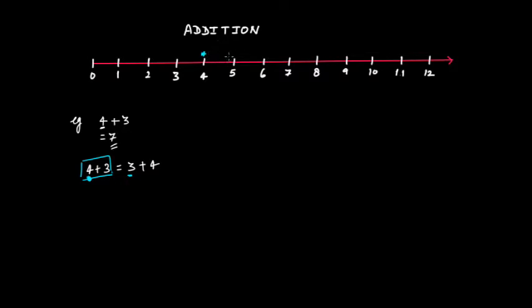This is the first jump, then the second jump, and then the third jump. So where did you land? You landed at 7. The point of this curved arrow is pointing at 7. Therefore the answer is 7. So this would be the way to show it on the number line.